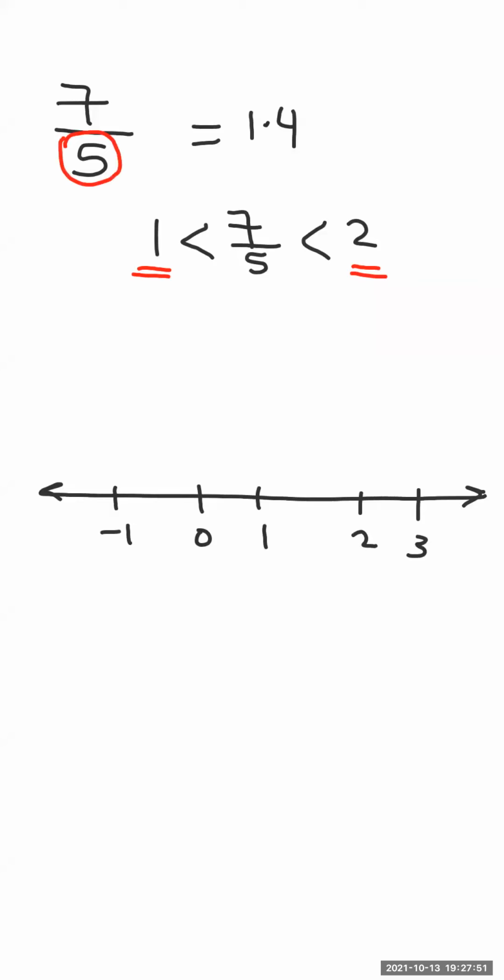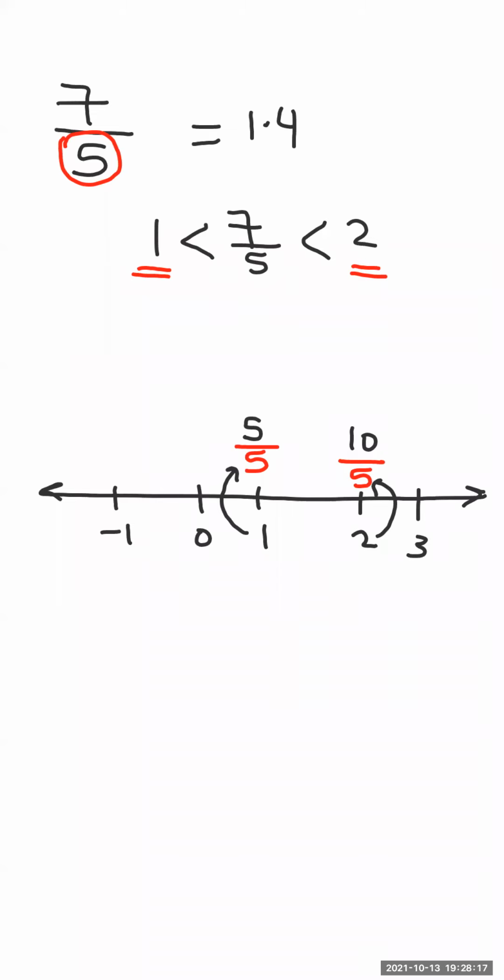So this means 1 becomes a number over 5, and 2 also becomes a number over 5. How to get the numerator? Simply 1 times 5 means 5. 2 times 5 means 10. And actually, that's correct. 5 over 5 equals 1, and 10 over 5 means 2.